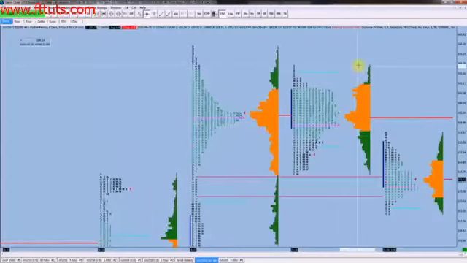Yet the volume was spread out differently. And the volume value area low was 93 and the volume value area high was 11.